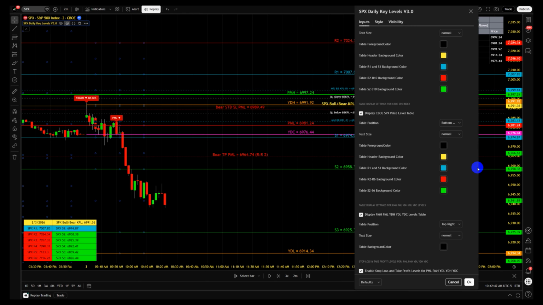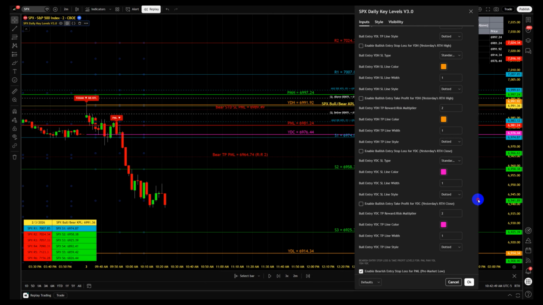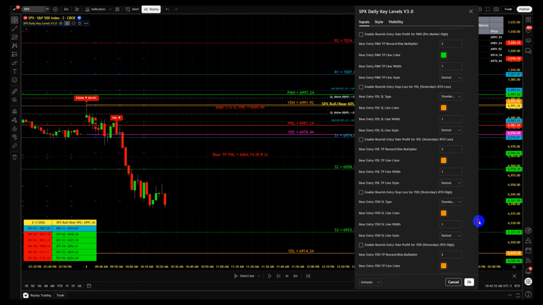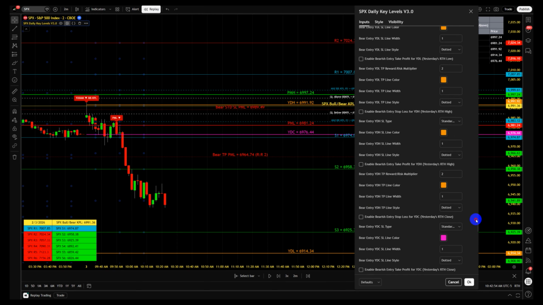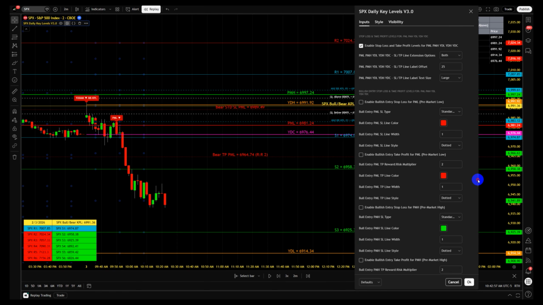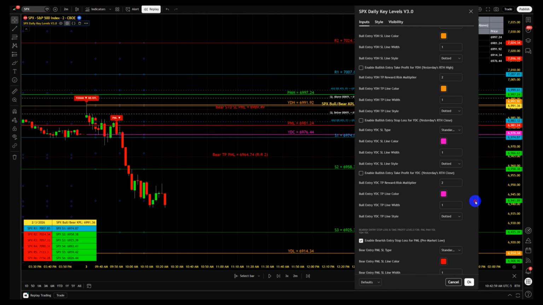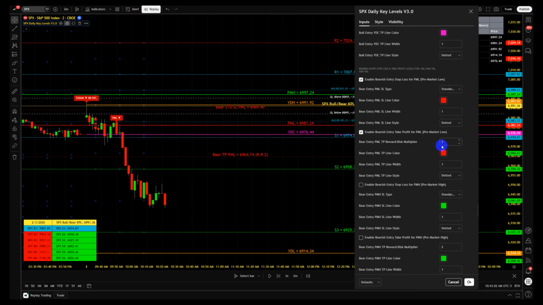So let's say I change it to a tight stop loss. It's going to make it more compact because now we just have a tight stop loss from the PML. And so the reward risk of 2 versus a tight stop loss is going to be a lot less.